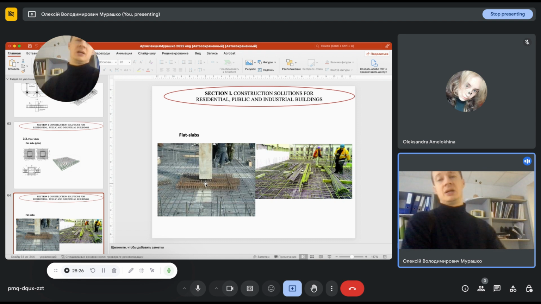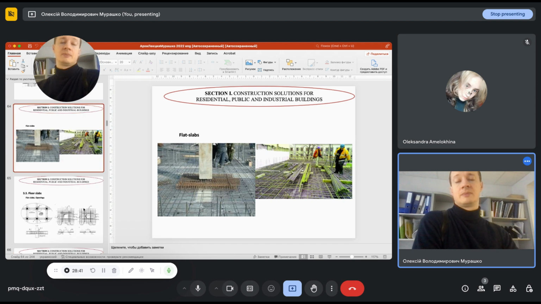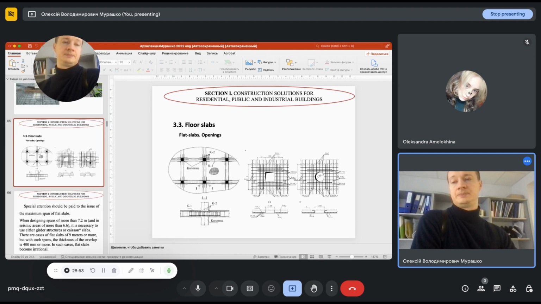So for you as a future architect, it's really important to understand that it is not a good solution to locate openings around the column, because it cuts our slab from load bearing columns. Typical solutions of how we can protect our slab when we are making openings in it. So next.